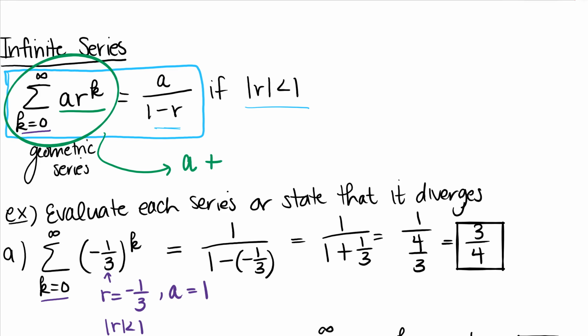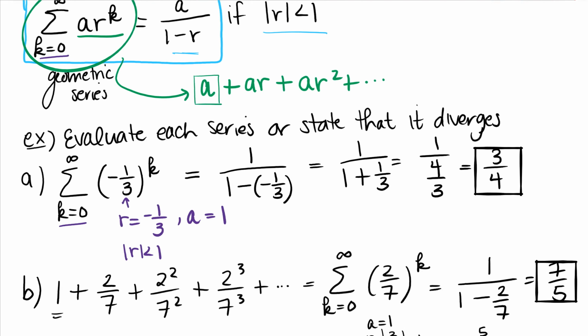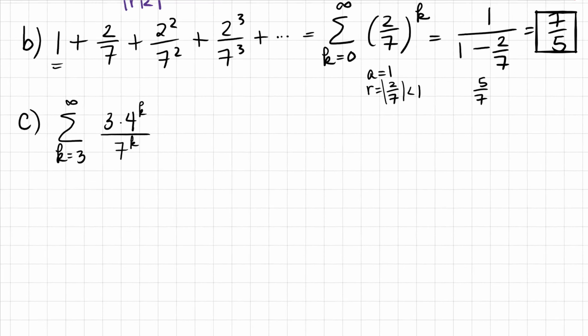Then I have plus a times r, plus a r squared, plus dot dot dot. So when you're dealing with something that doesn't start at 0 and isn't as straightforward, a really useful way to figure out what your a is: your a is always going to be whatever that first number is. Then you want to look at that next term and see what your a times r is.